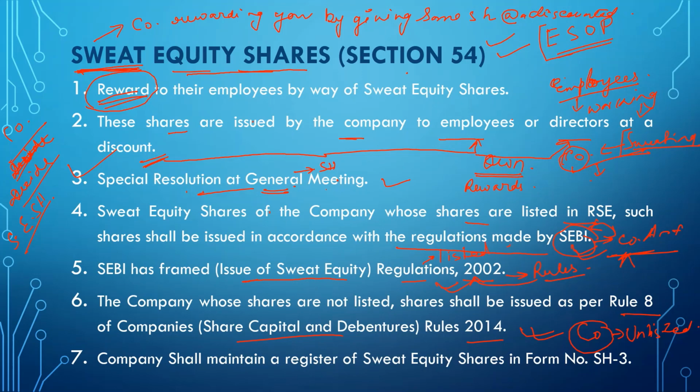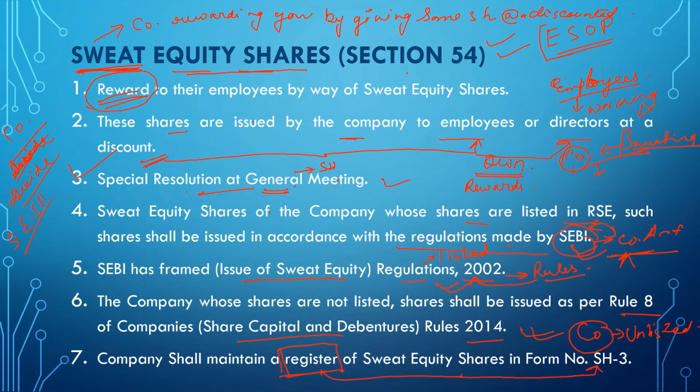Also, whenever the company issues sweat equity shares, the company needs to maintain a register. You know that maintaining a register is one of the important things. So the company will maintain one register in form number SH-3.